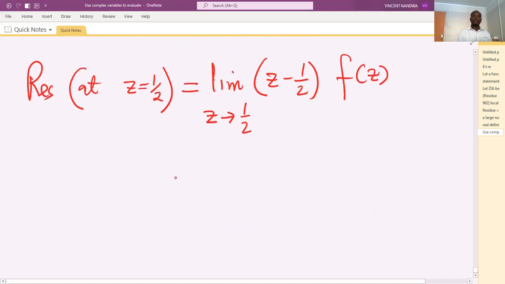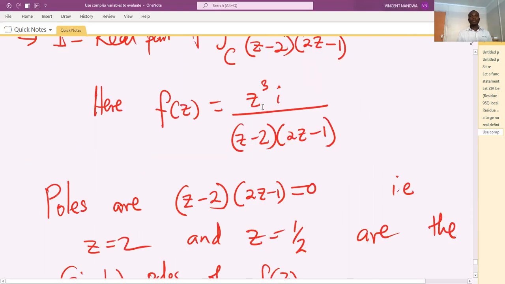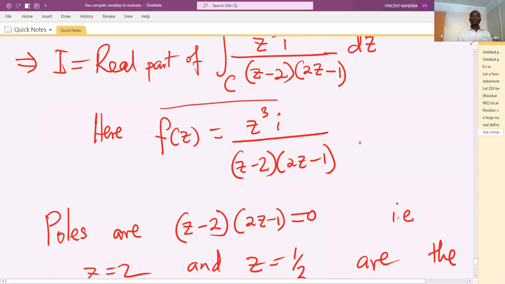Which will be the same as the limit as z approaches a half of z minus a half times f of z, z cubed I over z minus 2, 2z minus 1. Remember at this point here, this is our f of z.